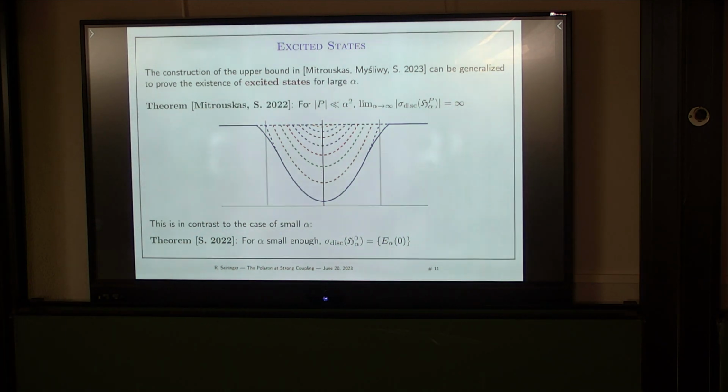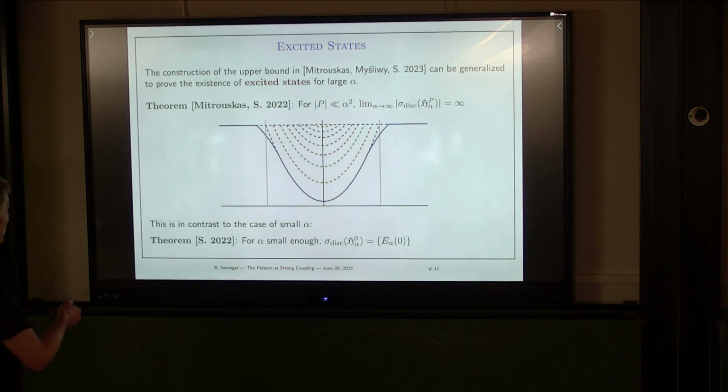So if you count, for instance, take p equals 0, the number of eigenvalues below the essential spectrum as a function of alpha, then we can prove that this diverges as alpha goes to infinity. So the number of additional excited bound states, sort of stable excited polarons, becomes arbitrarily large for large coupling.